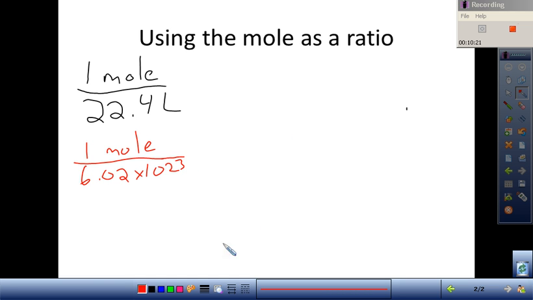Have to memorize them. And then our mass is the one that changes. 1 mole, well, it depends what you're talking about. That'll be a yet to be determined amount of grams. Okay, these are our 3 ratios. And we can invert them, we can flip them upside down. So if we had those 3 upside down, that would give us a total of 6 ratios. But those are the only 6 ratios that we're going to use right now.